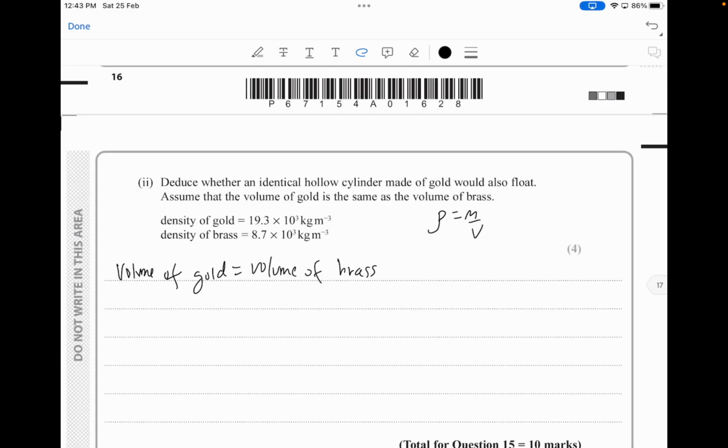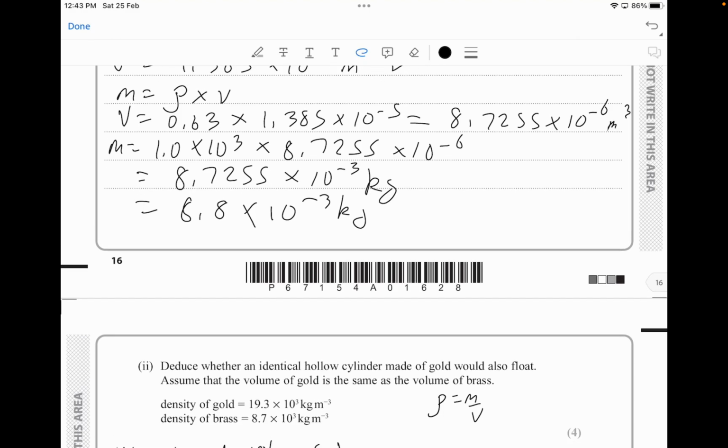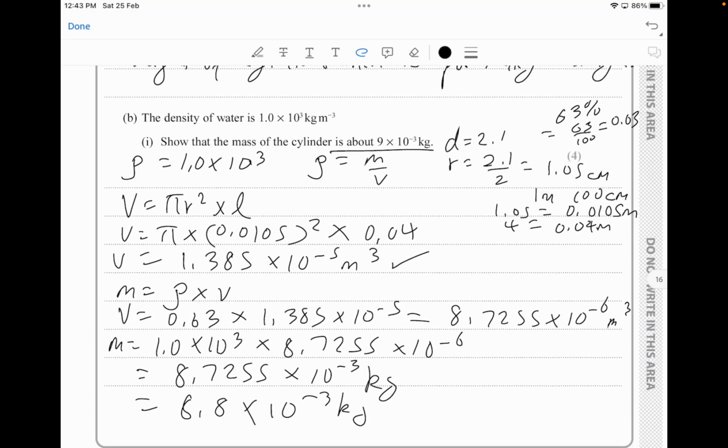Okay, so deduce whether an identical hollow cylinder made of gold would also float. Assume that the volume of gold is the same as the volume of brass. So we can see that the density of gold and density of brass is shown. So we know that the volume of gold is going to become equivalent to the volume of brass. So in this case, if you look at the values that we have found, 7.3, we know that that's the mass of the cylinder.